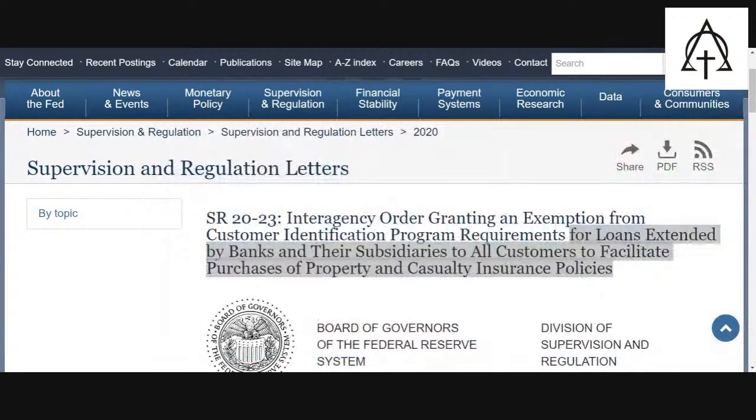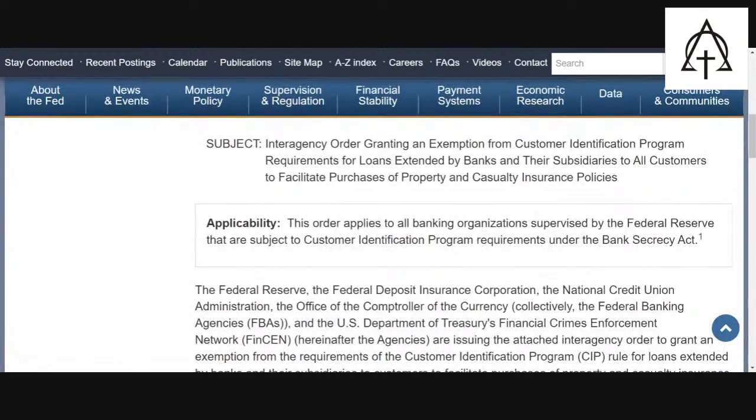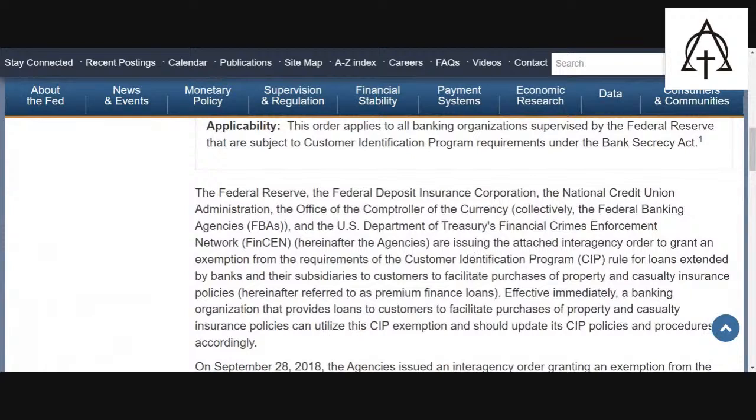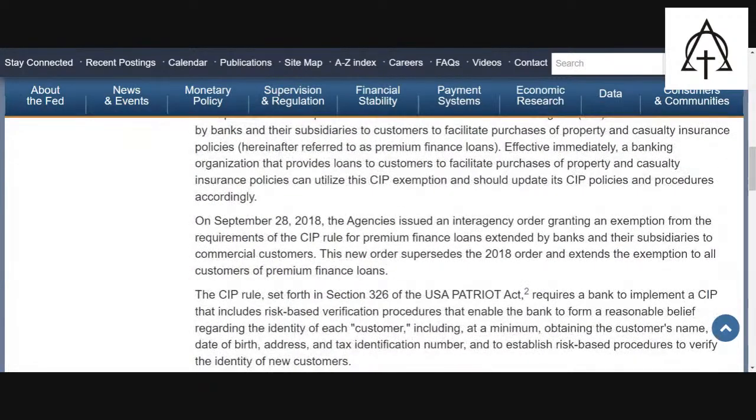First of all, I want to point out that this is in regards to the, where is it? Talks about the FBAs, FinCEN, and all that, CIP, Customer Identification Program, National Credit Union, where is it? USA Patriot Act.